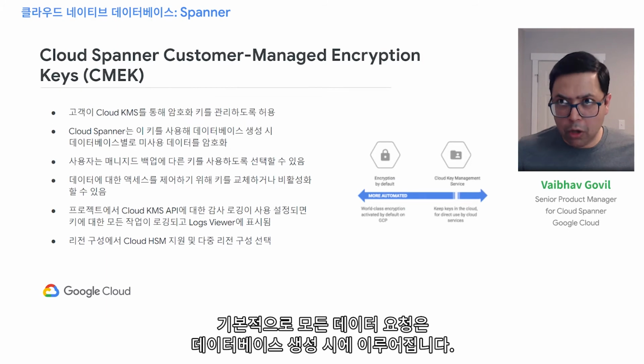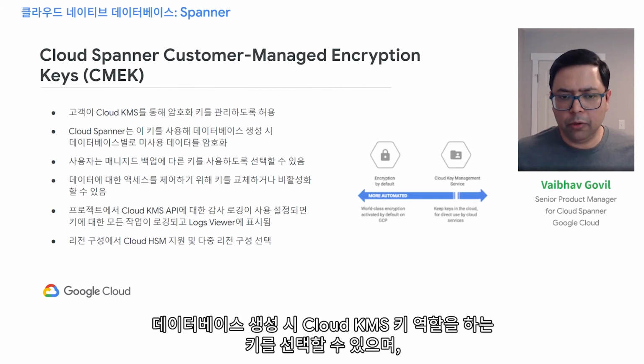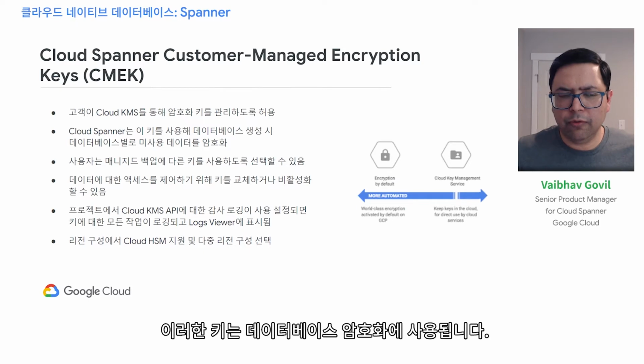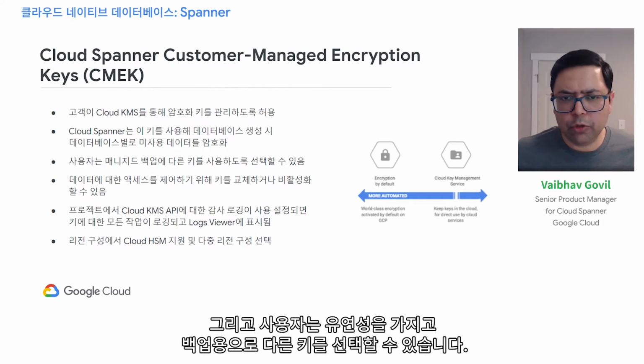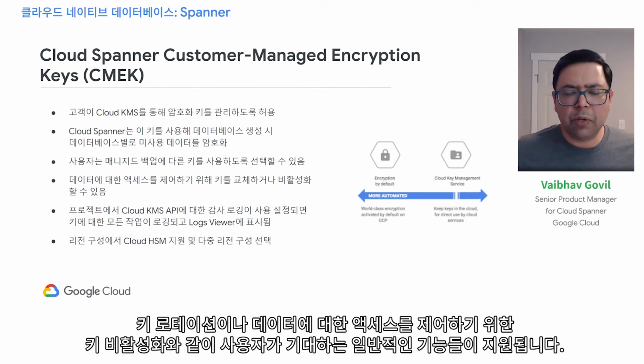Basically, for all data at rest, at the time of database creation, you can pick a Cloud KMS key, and that key would be used for encrypting your database. And you have the flexibility to choose a different key for your backups. Again, all the typical stuff which you can expect, like keys can be rotated, you can disable those keys to control access to the data and everything.